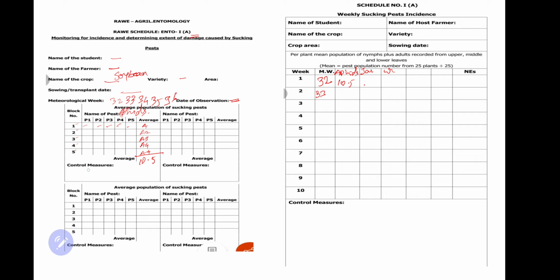Every week you are suggesting something to control this much of the population. So all that cumulatively you can mention here: for aphids, do all these things; for jassids, mention all the things together. If space is limiting, you can add another page to mention the control measures for the respective pest.